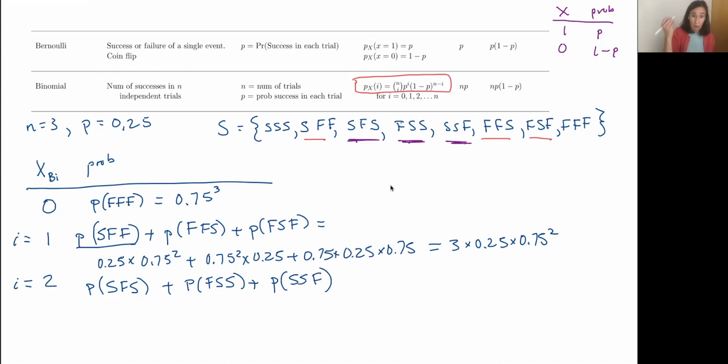Just as I did before, I'll write the numbers underneath. The probability of success, fail, success is 0.25 times 0.75 times 0.25.